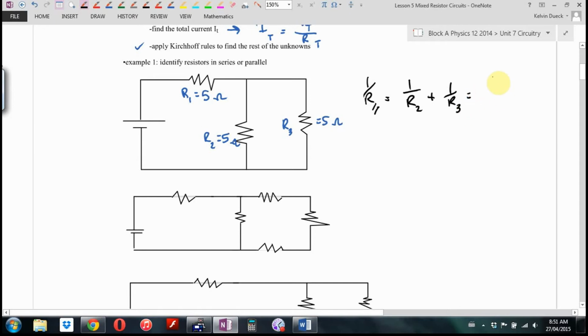That's going to be 1 over 5 plus 1 over 5. What can I replace those 2 resistors with? Do the math, please. I hope 2.5 ohms. You get 1 over 5 plus 1 over 5 is 2 over 5.